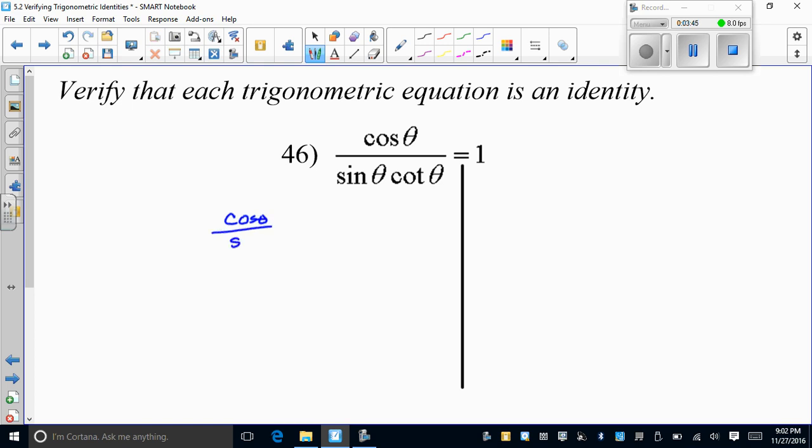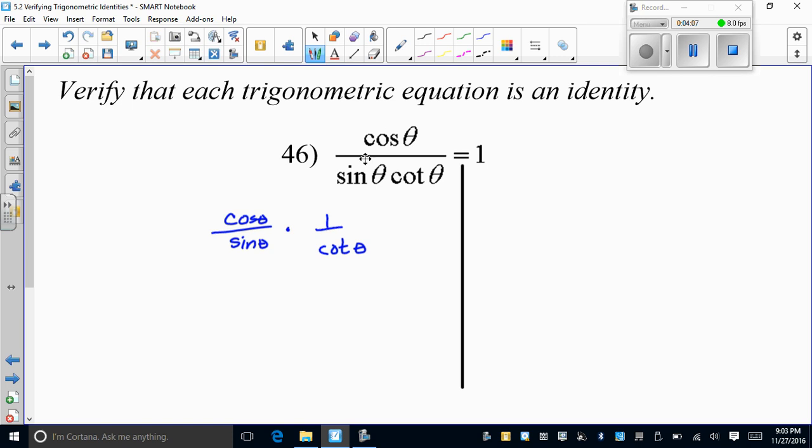Times 1 over cotangent of theta. I just put these two together, cosine over sine, and cotangent. Now, if you don't recognize it right offhand, the idea here is that you should look at this, oh, cosine over sine, that's cotangent, and just go there.